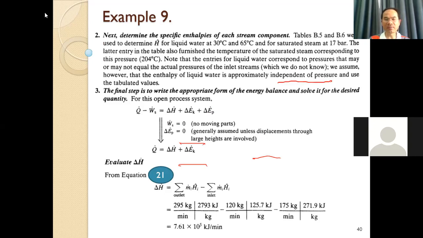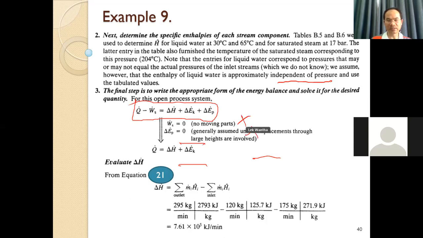Okay, the third step: you apply the energy balance equation, the general energy balance equation. For this case, there is no moving part in the system, so shaft work is zero. And there is no difference between the position of inlet and outlet, so you can estimate EP equal to zero.